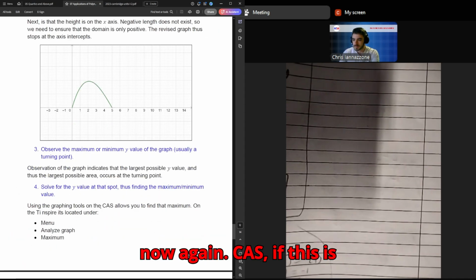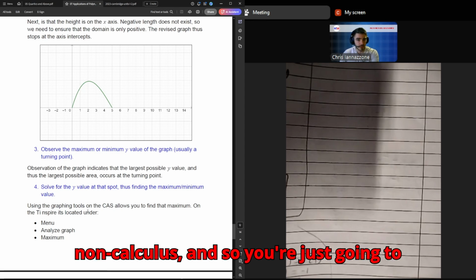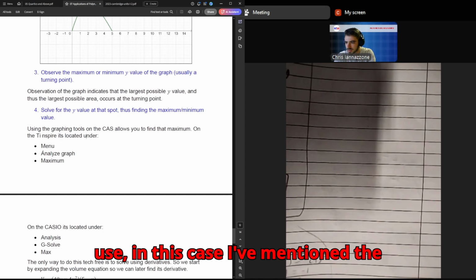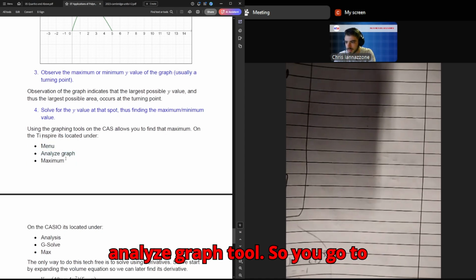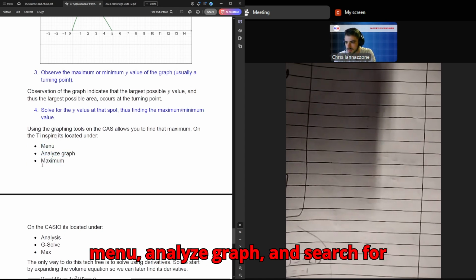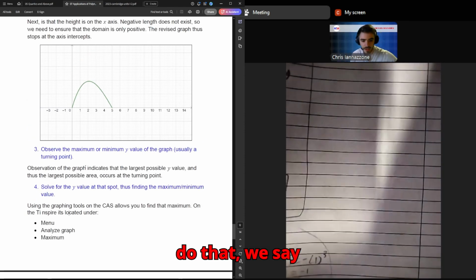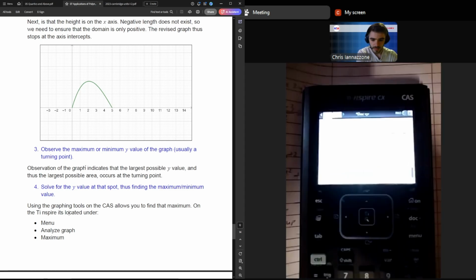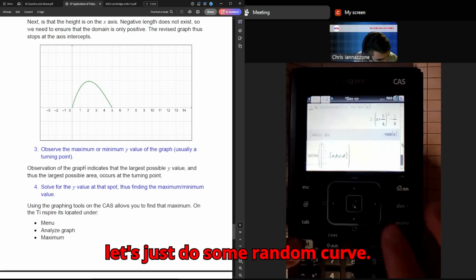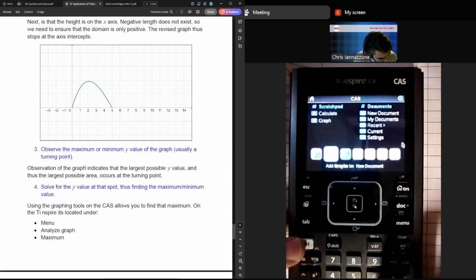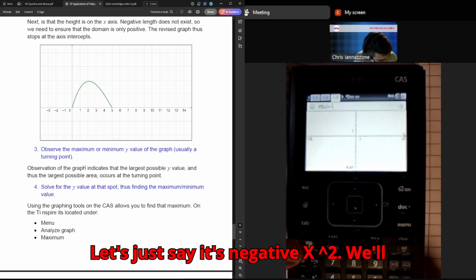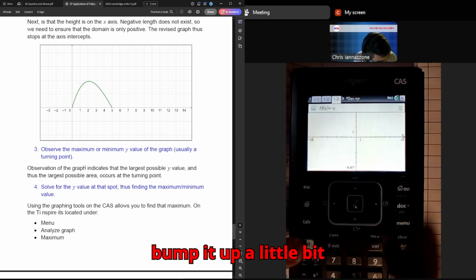Now, again, CAS, if this is non-calculus, you're just going to use, in this case, I've mentioned the Analyze Graph tool. So you go to Menu, Analyze Graph, and search for maximum. If we were to do that with some random curve, let's just say it's negative x squared.